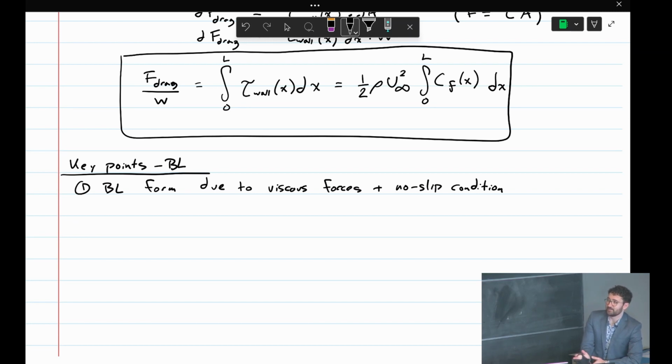What would happen if we didn't have the no-slip condition and we just had a viscous fluid? Let's assume the fluid is allowed to slip over the surface. The only viscous forces are created by relative motion between parcels. So if you don't assume that the fluid sticks to the wall, there's no viscous force being generated there. So you don't get boundary layers without the no-slip condition.